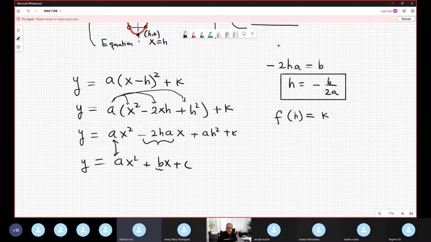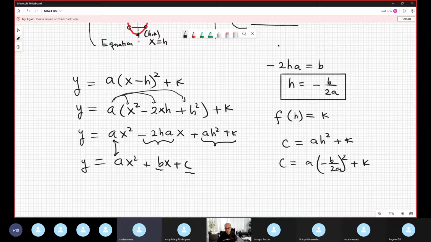Okay, another possibility is looking at this part, which is equal to c. So you copy, c is equal to a h squared plus k, no? But I know that h is minus b over 2a, so c is equal to a times parentheses minus b over 2a squared plus k, but my goal, remember, is k. I need to find k.